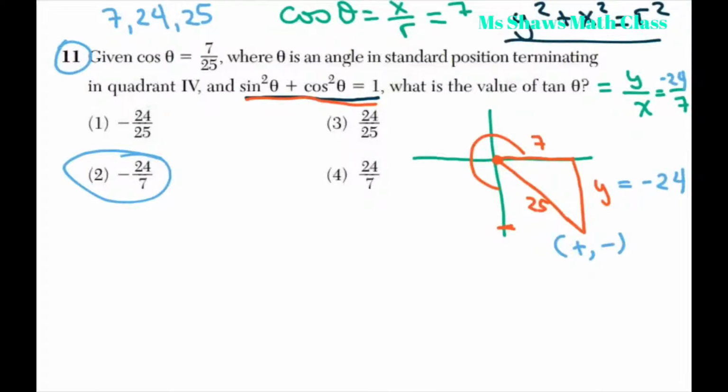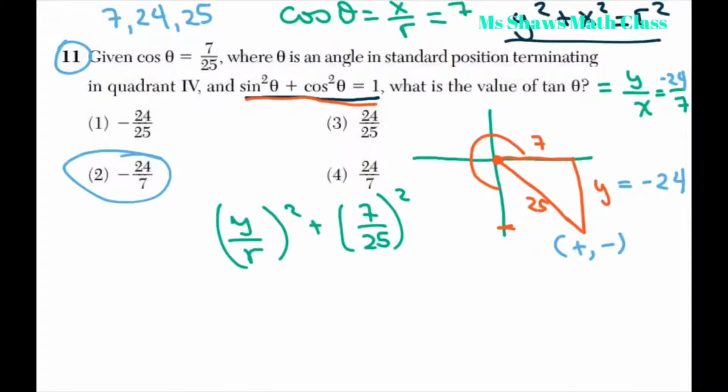Now, if you did use the formula, which would take longer, but you could use it, you'd get y squared, or let's just do it like that. So sine is going to be y over r squared plus 7 over 25 squared equals 1.